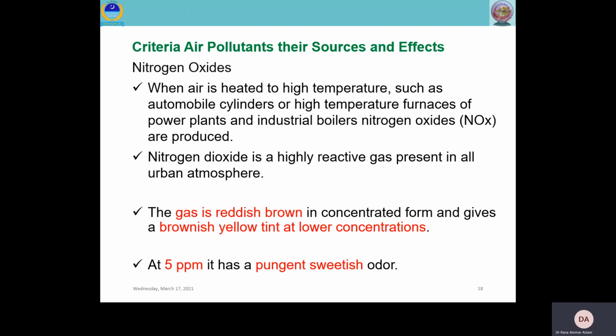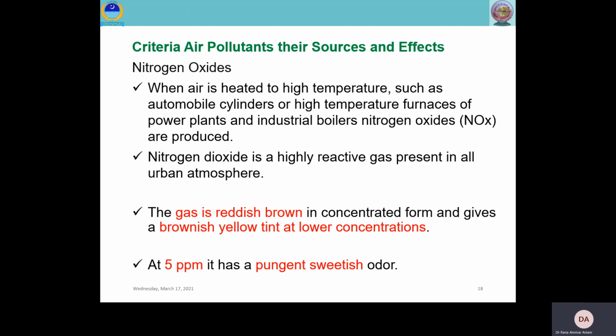So the next major pollutant, or criteria pollutant, is nitrogen oxide. Nitrogen oxide is also a primary pollutant. It is also a criteria pollutant, or a major pollutant, because oxides of nitrogen are directly emitted from the burning of fossil fuels.